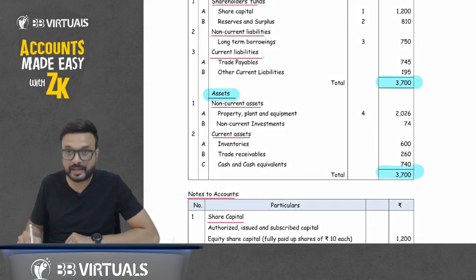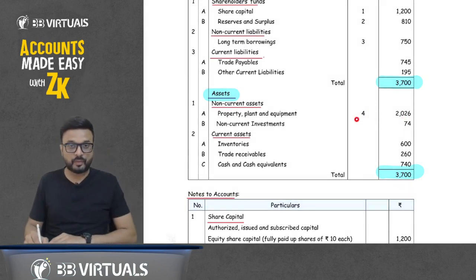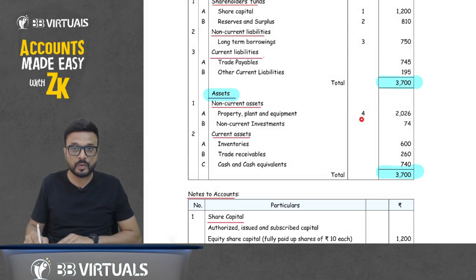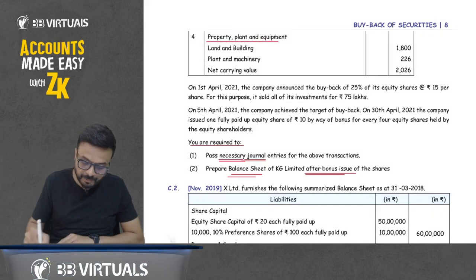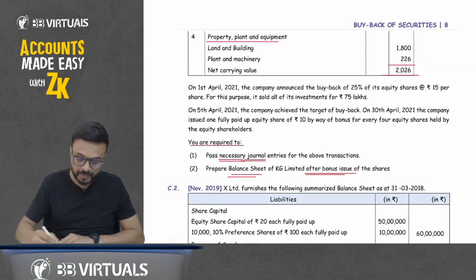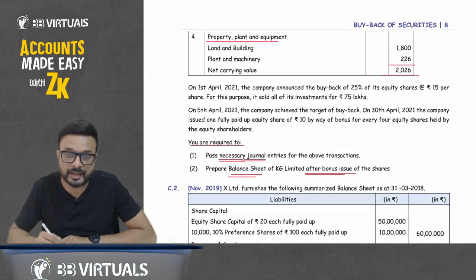Now here you can see note number 4, that is 2026. How much do they have in note number 4? 2026. Here they have given us the details. Property, plant and equipment: land and building is rupees 1800, plant and machinery is rupees 226, and net carrying amount. Carrying amount means book value.